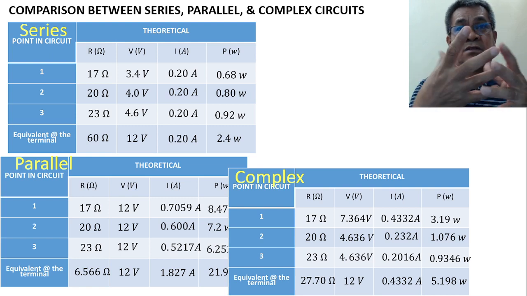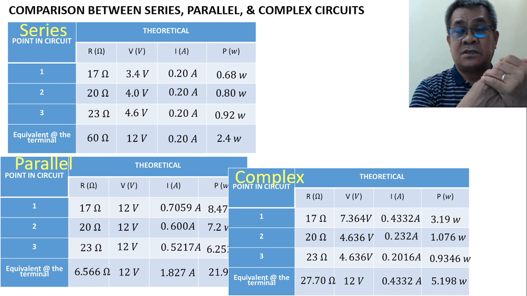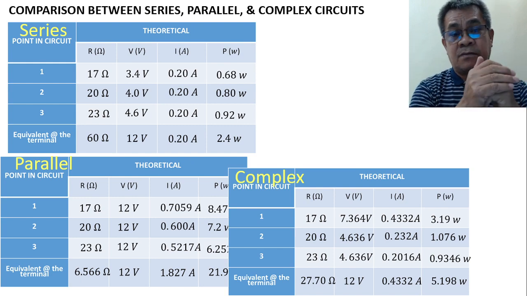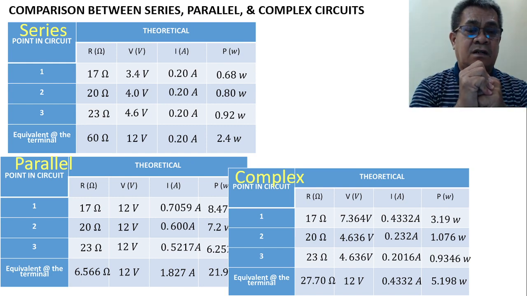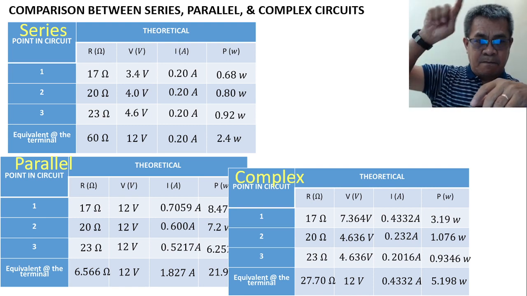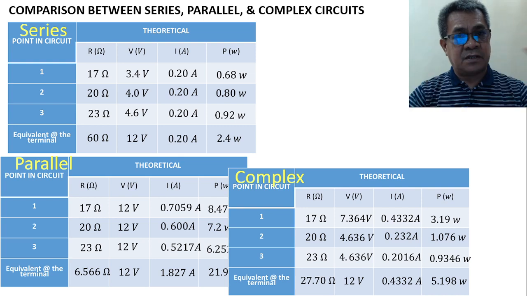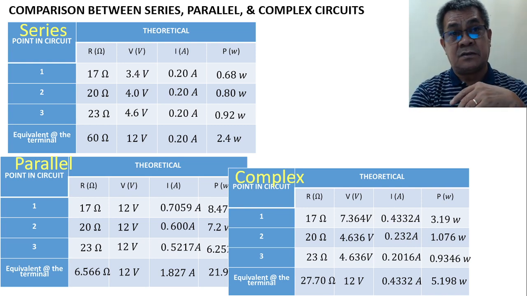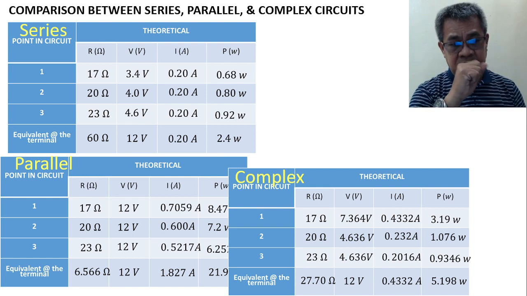Why? Because it does not meet the voltage requirements. So it might be slow, or it will not switch on. The disadvantage of series is, if one connection is lost, then everything will be lost. Why? Because current is constant. If one current is zero, the whole thing becomes zero.